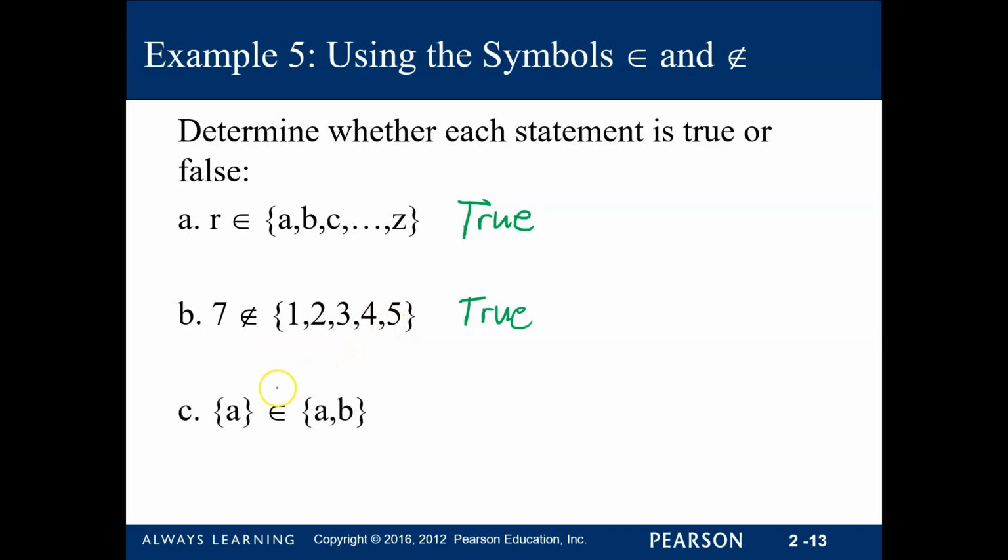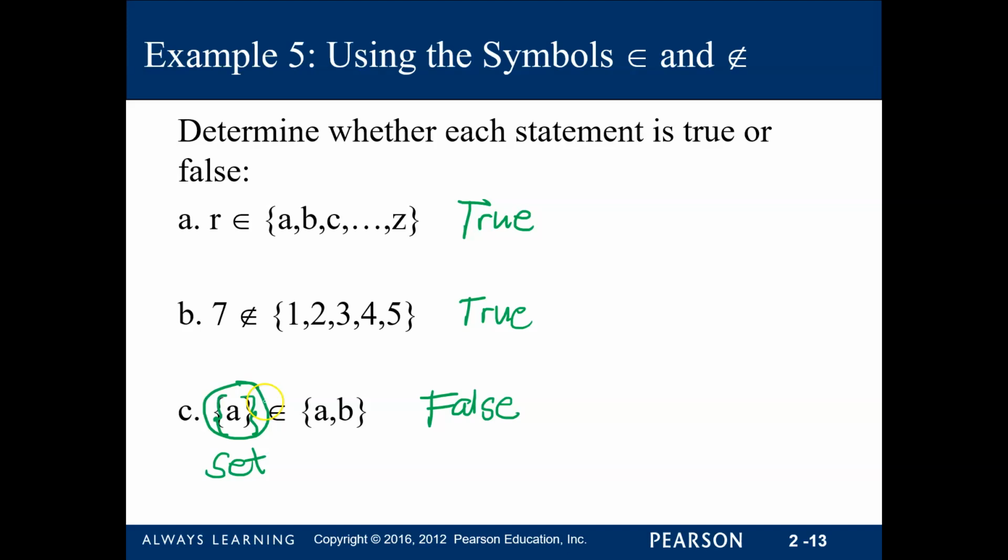Now let's take this example next. We have the set {A} is an element of the set {A, B}. Symbols and notations are very important. This is false. Why is this false? This is a set, and we know it's a set because you have your braces here.